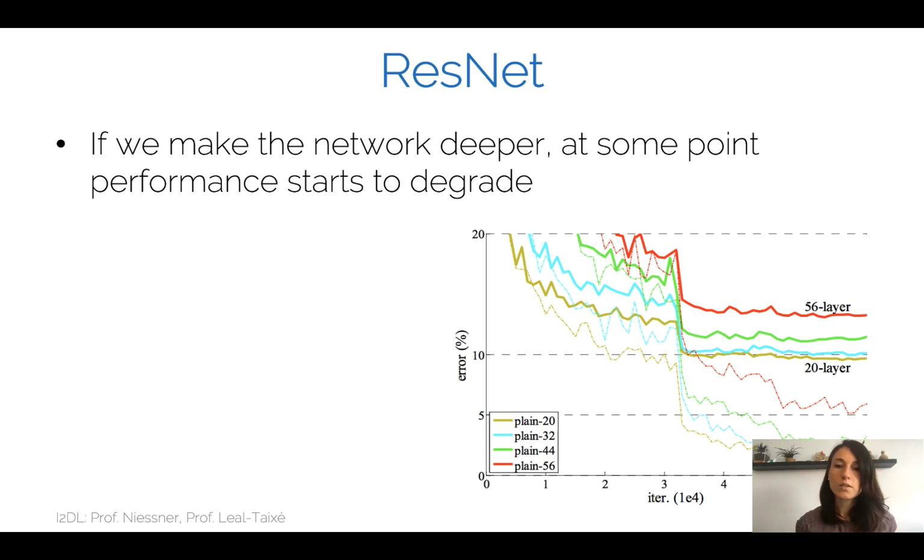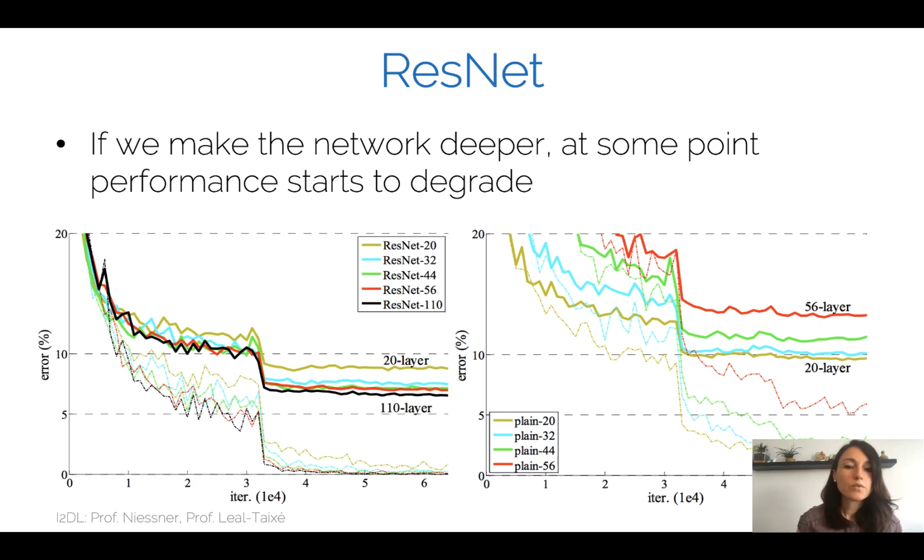Because what we're saying essentially is that a 56-layer neural network performs worse than a 20-layer neural network, which essentially means that either the network is not training properly or the network is overfitting to our train set. This is the case for plain nets.